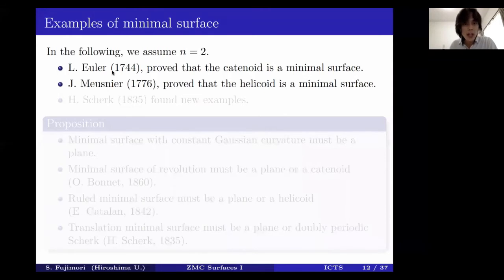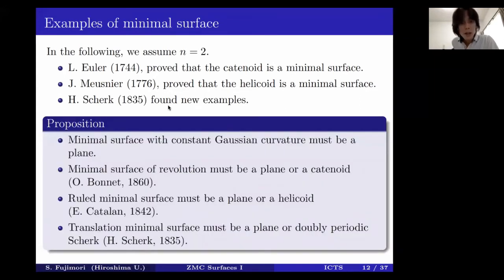And then Meusnier proved that the helicoid is also a minimal surface. And in the 19th century, Scherk found some new examples. And before the Weierstrass representation, we only had these equations, these minimal surfaces, complete minimal surfaces.